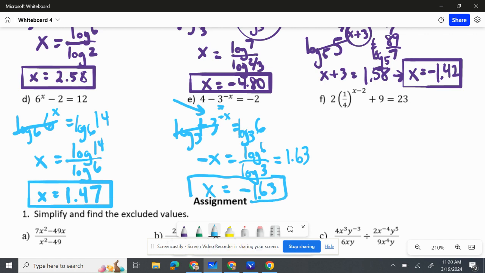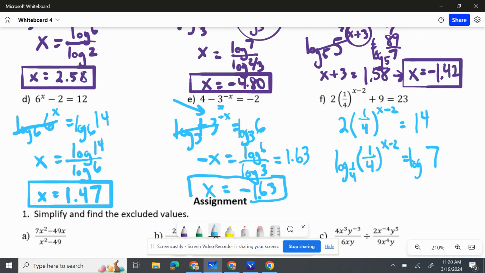And our last one. First step, subtract the 9. Our goal is to get the base number by itself. Once again, the base number is the one that has the exponent. When I subtract, what I get is 14. Then I'm going to divide it by 2, and 14 divided by 2 is 7. Then I'm going to do the log base 1/4 on both sides because that's our base number.